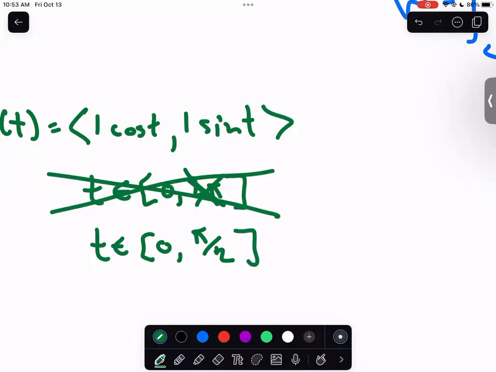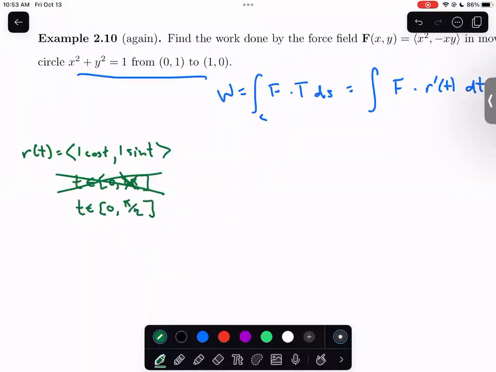That's pretty good. The only issue here is if I plug in 0 into my parametrization, well, cosine of 0 is 1 and sine of 0 is 0. So at t equals 0, I'm starting off at 1, 0.